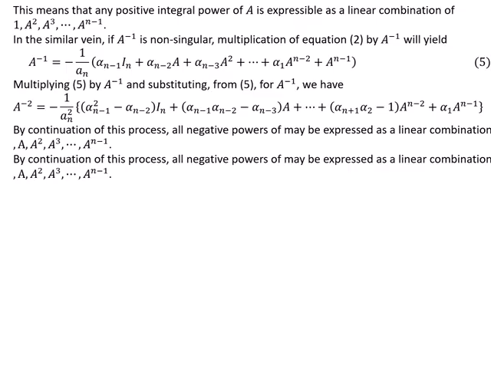By continuation of this process, all negative powers may be expressed as linear combinations of A, A squared, A raised to power 3, and so on.